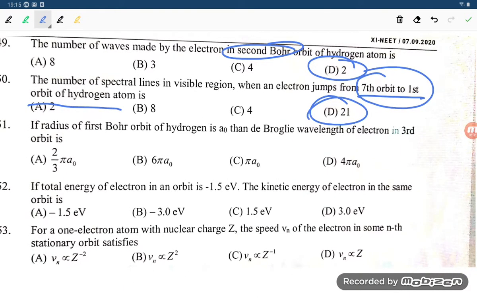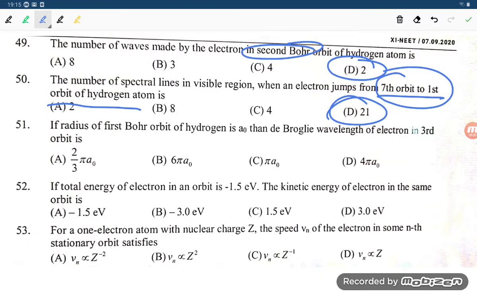Question number 51: if the radius of the first Bohr orbit of hydrogen is A naught, then the de Broglie wavelength in the third orbit is? This is quite a good question, student. How can we solve this type of question?